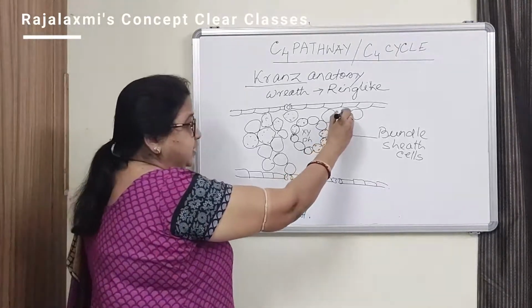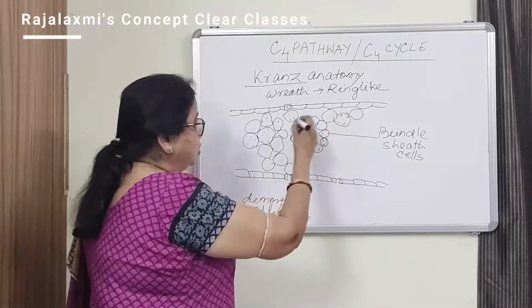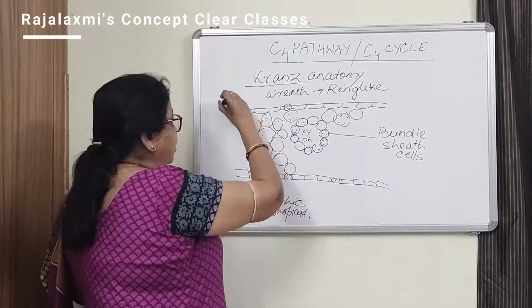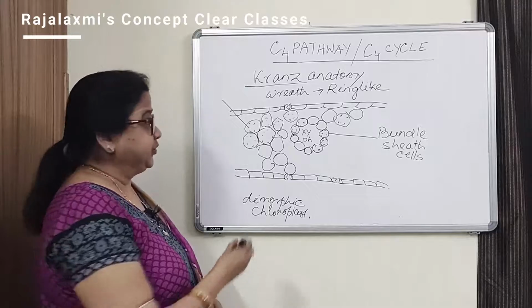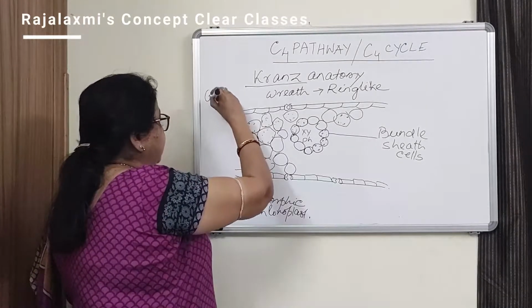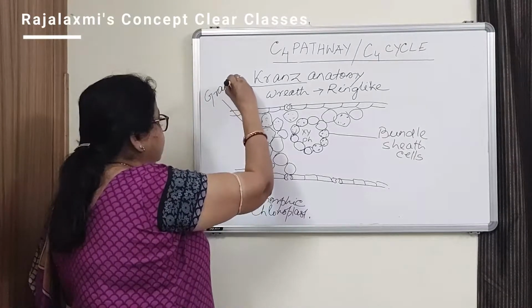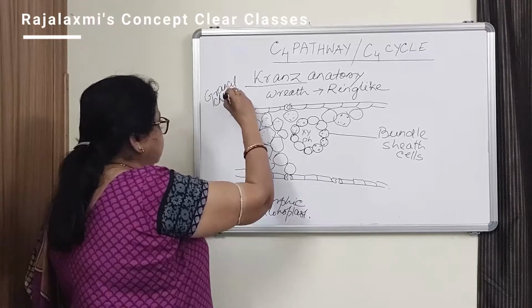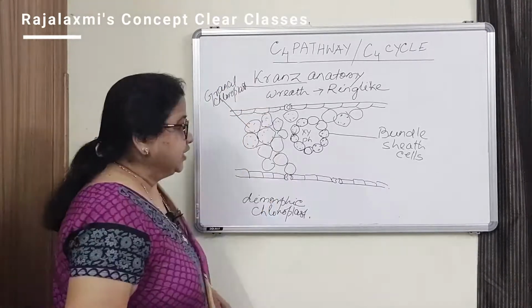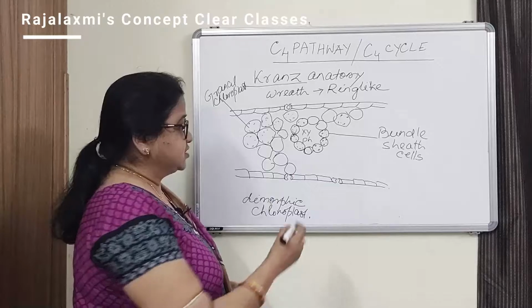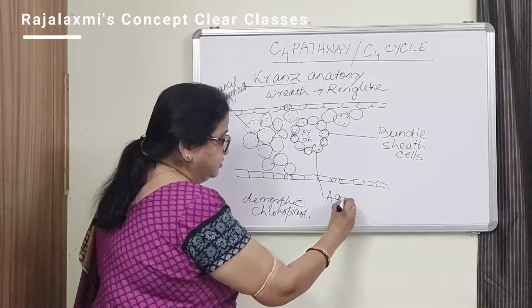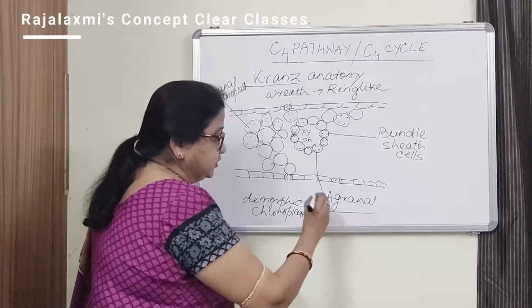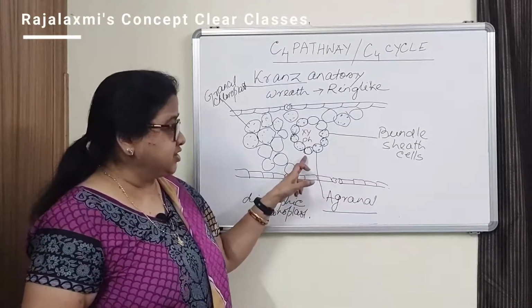In the mesophyll cells, the chloroplasts are normal with grana and stroma, so these are known as granal chloroplasts. Inside the bundle sheath cells, the chloroplasts are agranal, that means grana are absent.